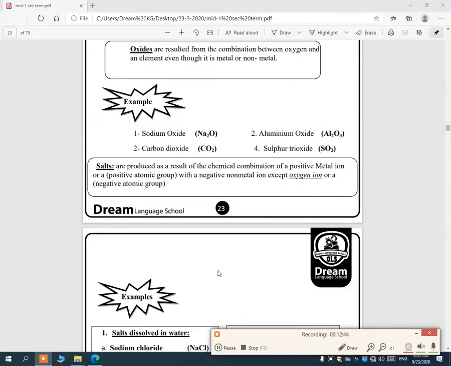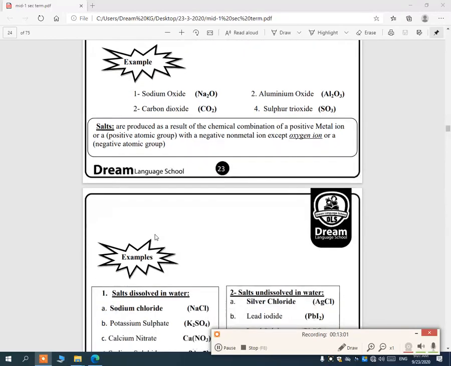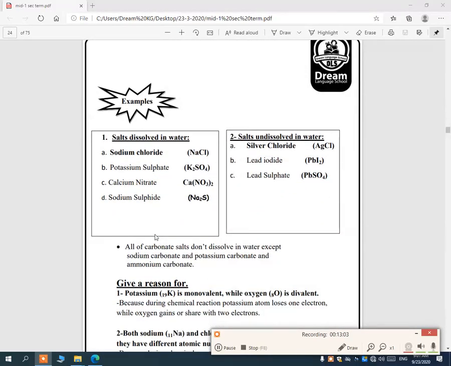Now let's talk about salts. Salts are produced as a result of the chemical combination or reaction of a positive metal ion or positive atomic group with a negative non-metal ion, except the oxygen ion, or a negative atomic group. And here we have some examples of salt. We have two types of salts: salts dissolved in water and salts undissolved in water.